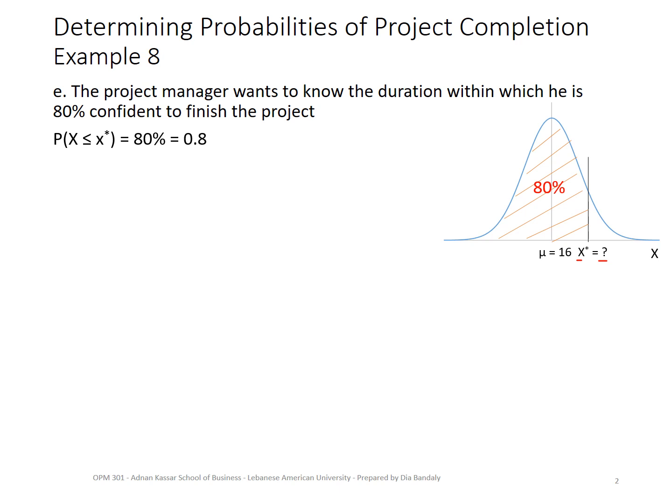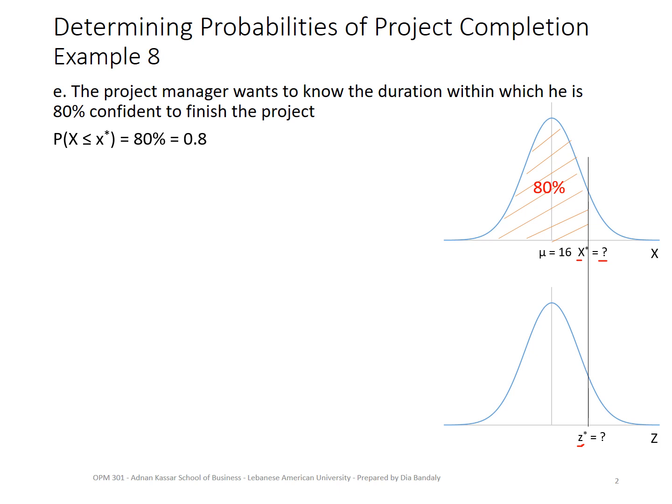As we did in the previous questions, we will always refer to the z table. But now, instead of using the z table to find the area, we are using it to find the z itself. We project this x onto the z table. The corresponding value of z is called the z critical that we are looking for, and once we find that, we can find x star.